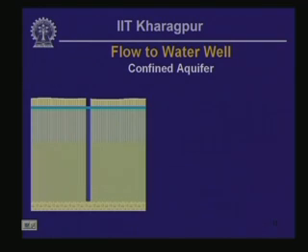Now, if we install a water well in this particular sequence of different layers, then initially when there is no flow, you are not tapping the groundwater, the water level within the water well is going to be the same as the phreatic surface, or the surface to which the water level is going to rise within the open casing.